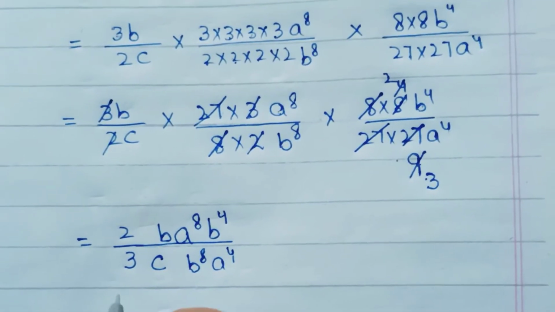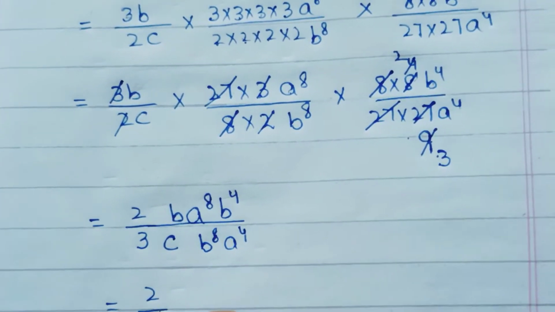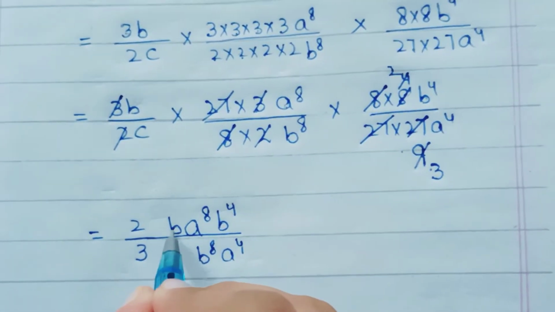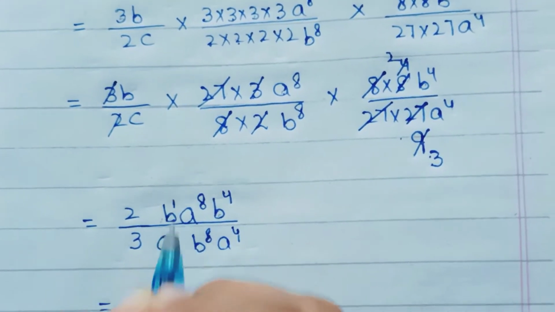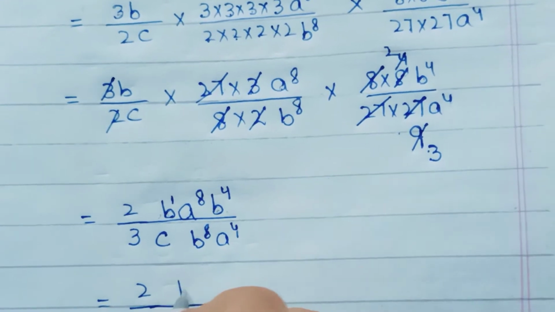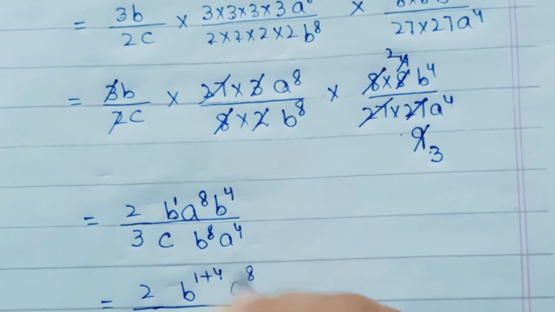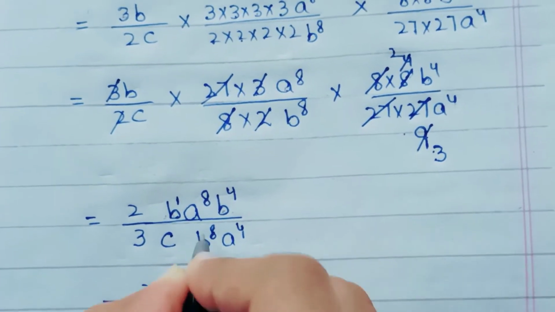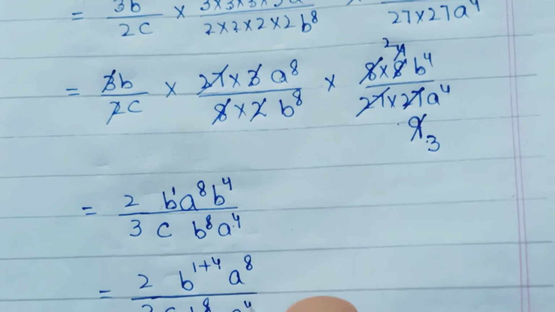So we can write it like this: 2/3. Bases are same. Base b's power is 1. Bases are same, so we will add the powers. 1 plus 4, a⁸. Here c is 1 time, b is 8 times and a⁴.